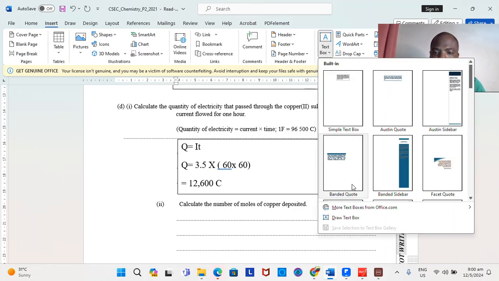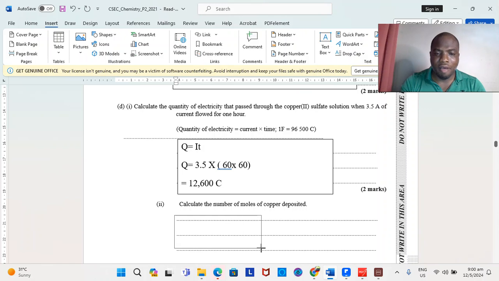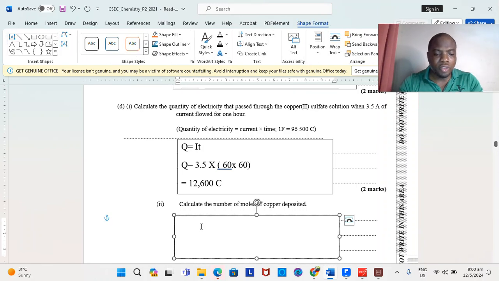So let me input that. So when I have 1 mole of electrons, that is equal to 96,500 coulombs. But that is why it's important for us to do this equation. So we do have 2 moles of electrons.